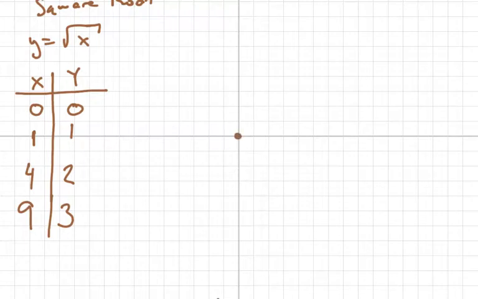So we got 0, 0, 1, 1, 4, 2. And it looks something like that.